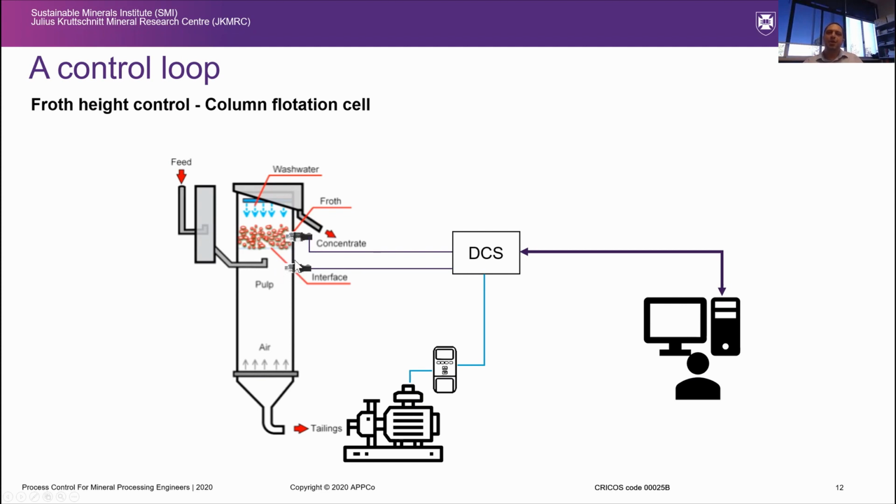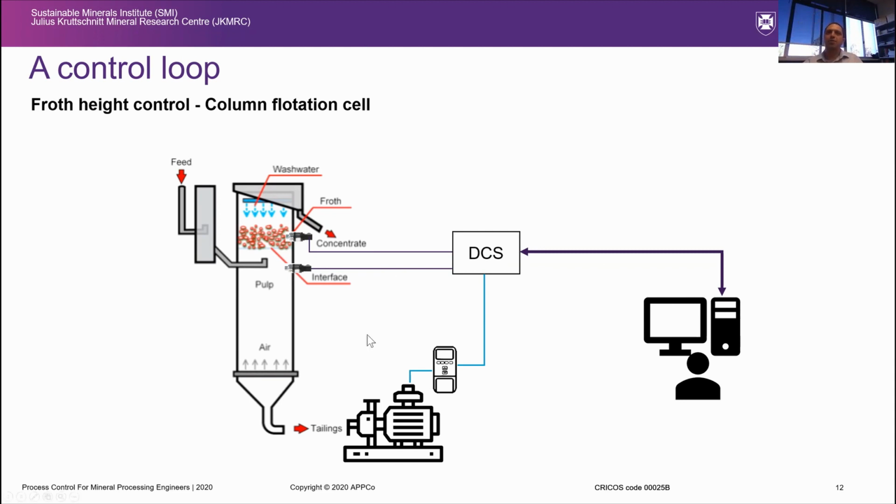And they use the pressure difference to calculate the froth height. And those calculations are done in the DCS. And then normally we use the set point for the froth height and feed it to the controller, which controls the tail. By adjusting the amount of tail coming out of the flotation column, we can manipulate the froth height.